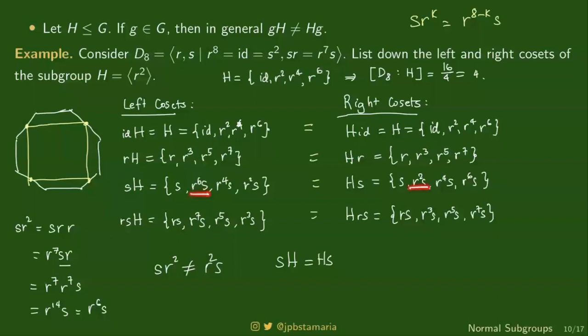Nagkataon kasi na yung SR squared, hindi man siya R squared S, it is R to the 6S. It's still in the same coset. Nagkataon yun. Again, hindi ibig sabihin nito that S commutes.